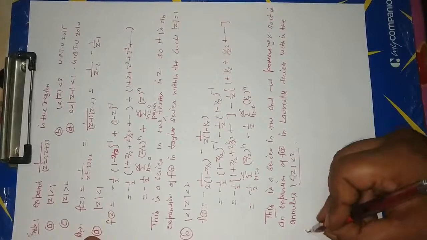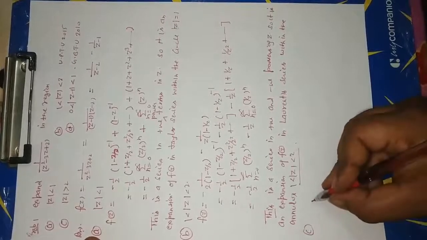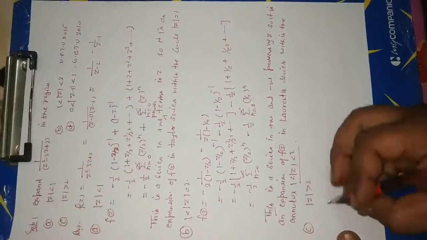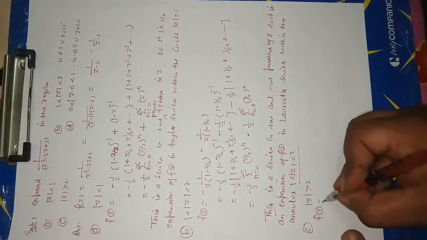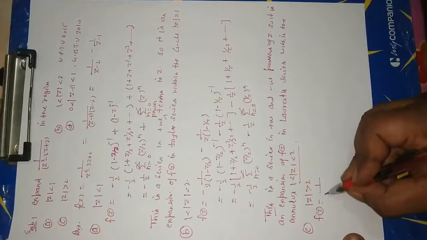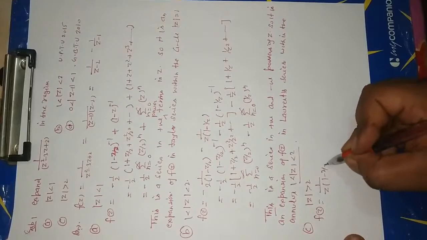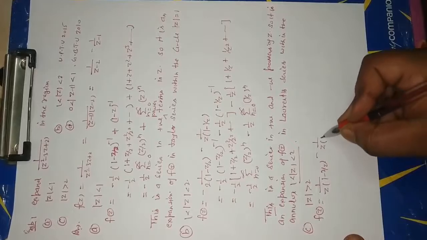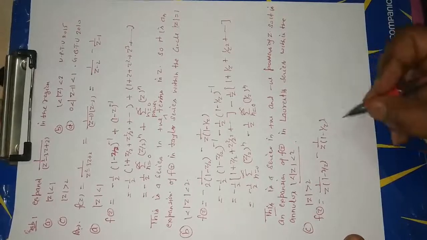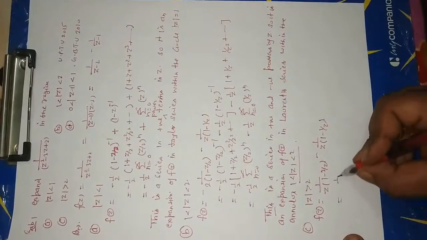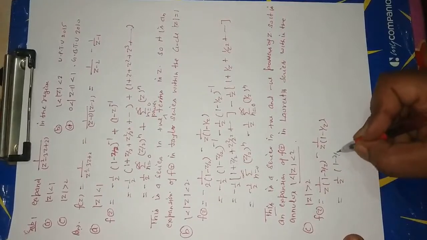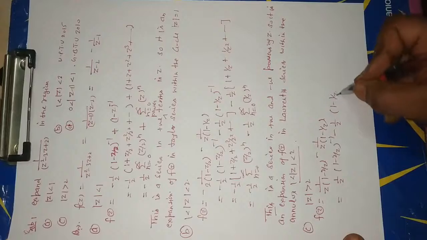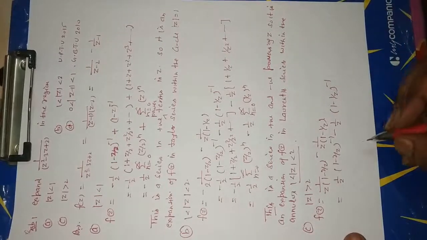Okay. Now C part, when z modulus is greater than 2, then f(z) equals 1 upon z, (1 minus 2 by z) whole power minus 1, minus 1 upon z, (1 minus 1 upon z) whole power minus 1.